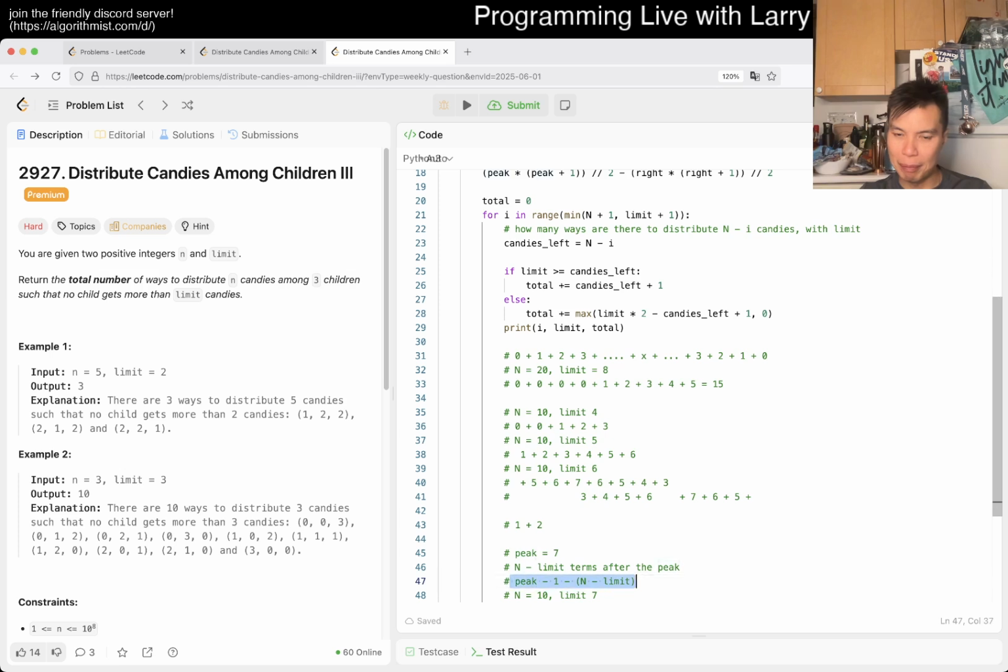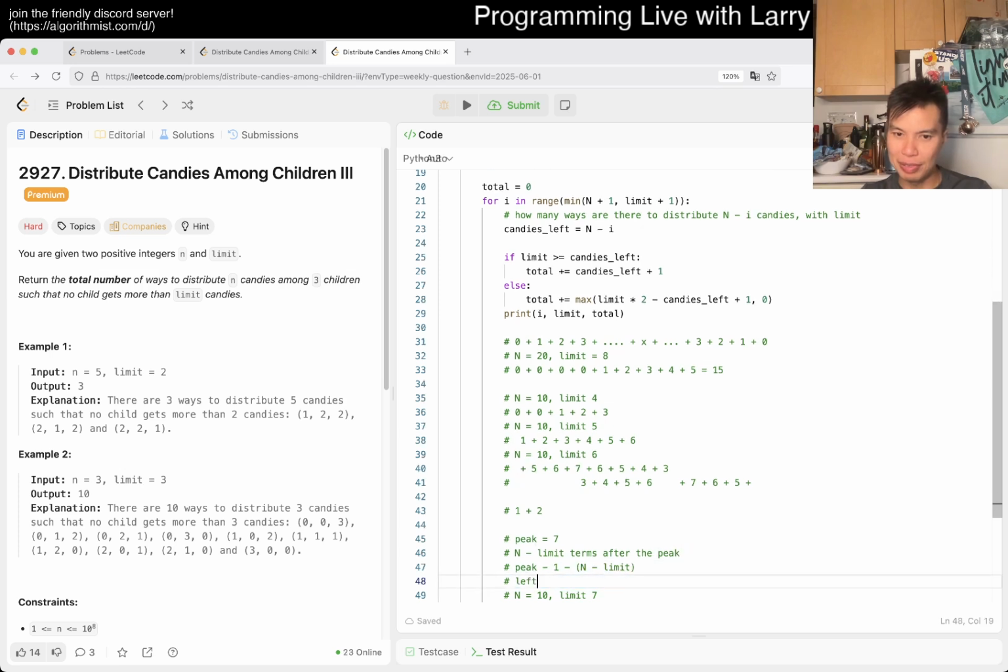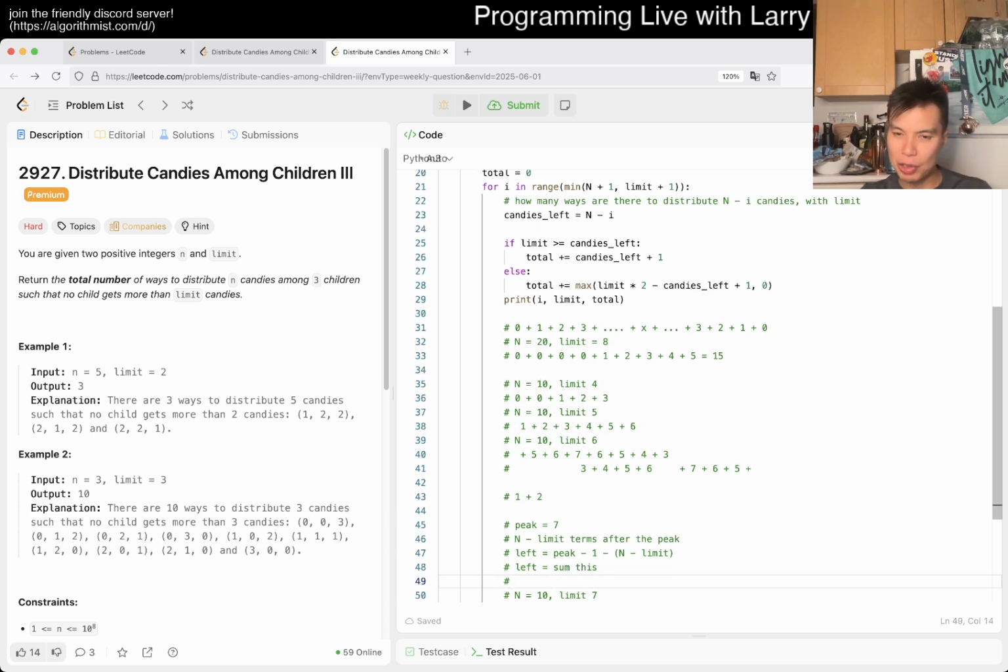And so this number, let's just call it left, is equal to this number. And then we just get the summation of that. And then we subtract out the things, because now peak minus n minus limit minus 1. Oh, I guess that's the number of terms, right? So this is 4.